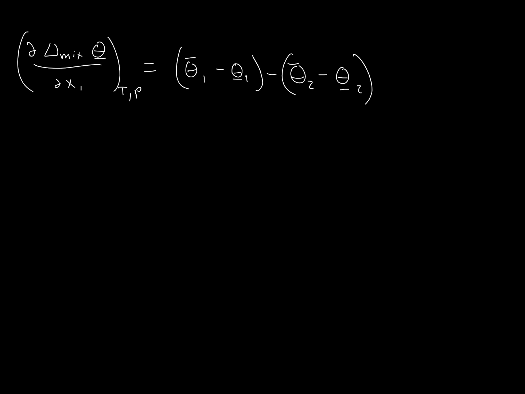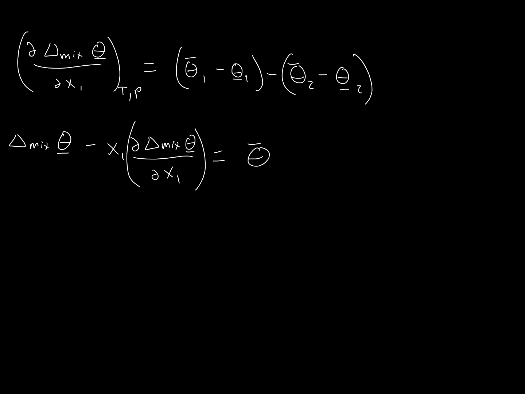So what we're going to do, very cleverly, is evaluate the function delta mixing of theta minus x1 d delta mixing of theta dx1, which is going to simplify down to just theta over bar of 2, which is a function of temperature, pressure, and composition, minus theta under bar of 2.